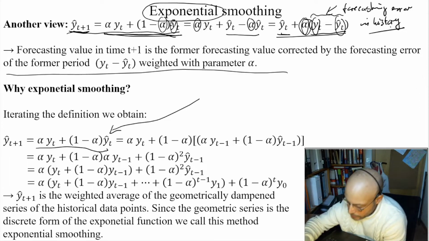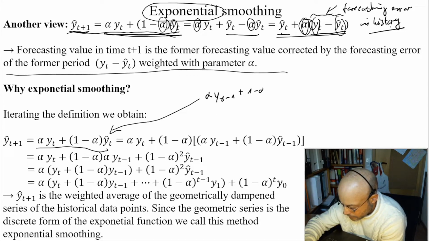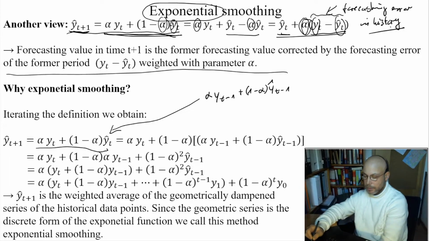And then we can write for y hat t: alpha times y t minus 1 plus 1 minus alpha times y hat t minus 1.